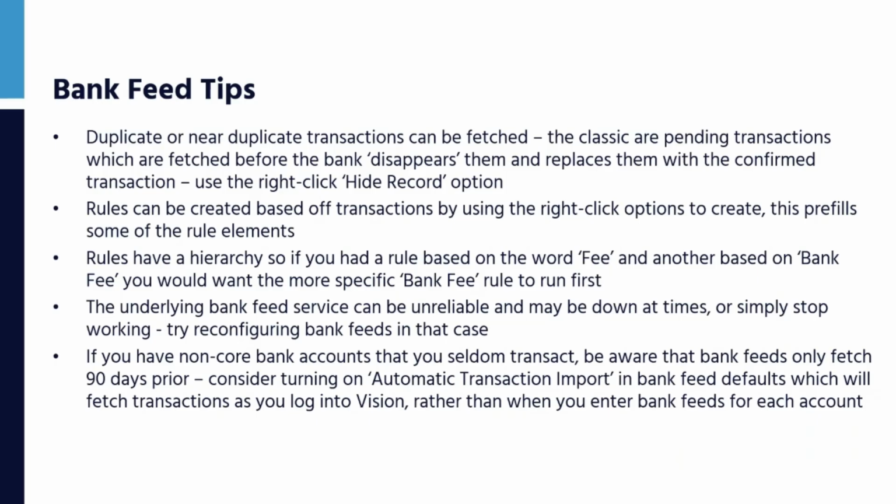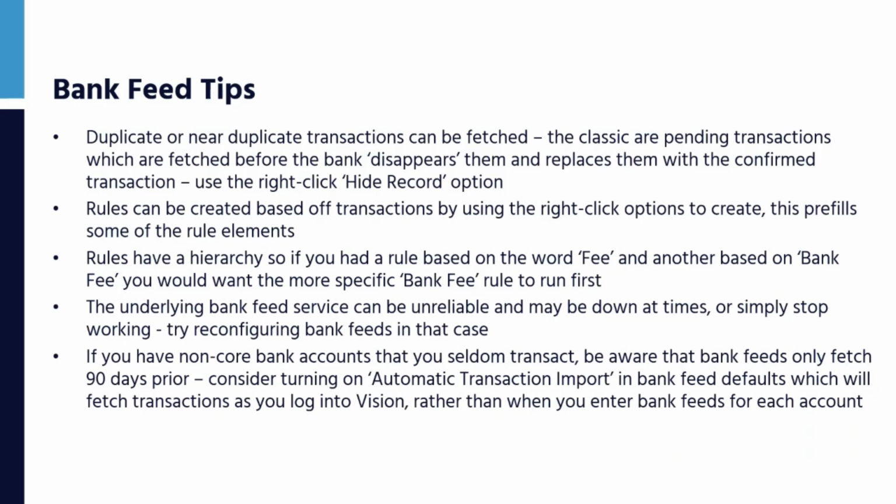And just in terms of your bank feed tips, you can have very similar transactions that are fetched, because behind the scenes, with the transaction ID in that example I gave before, you'd see it more with credit cards, but it does happen with your normal business accounts as well, where a transaction is pending before it's finalized, and because the wording changes as well, it is seen as a unique transaction.